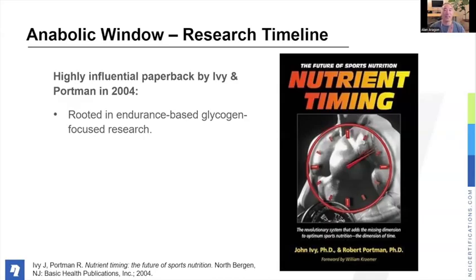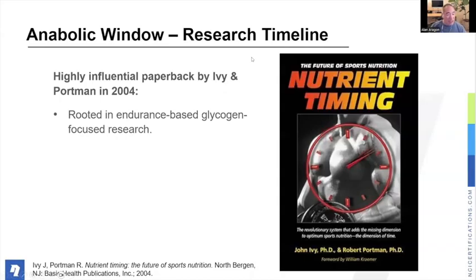So what we can say is that there is a window of opportunity for consuming carbohydrate if you need to maximize glycogen resynthesis rates, if indeed you need to be fully restocked with muscle glycogen stores to be able to compete in an endurance event within a short time frame, within the same day. So there is that.